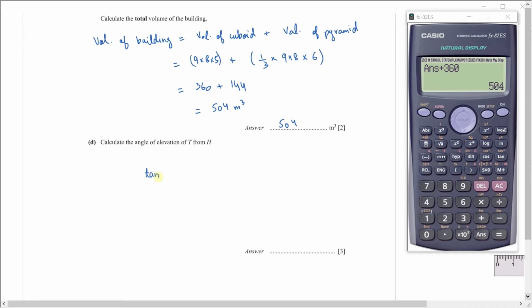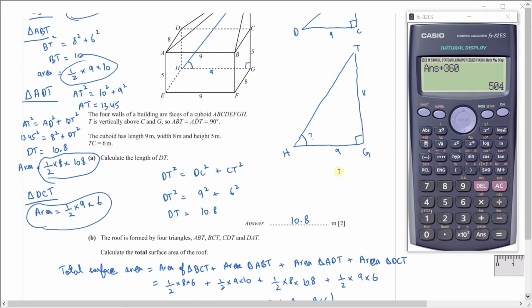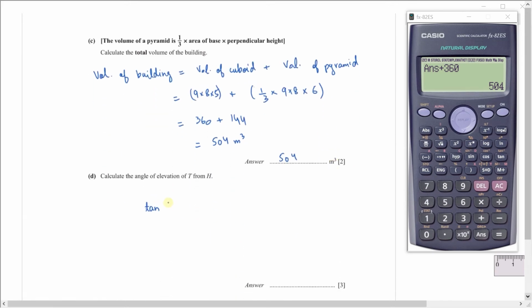So tan of the angle of elevation THG is 11 over 9. So 11 divided by 9 and tan inverse of this is 50.7. So angle THG is 50.7 degrees. So your angle of elevation is 50.7.